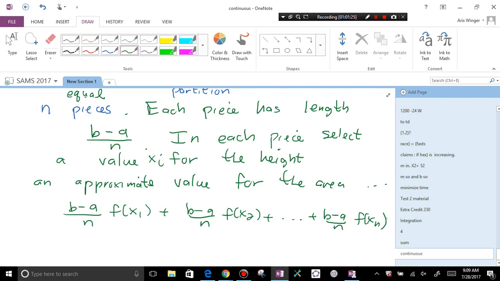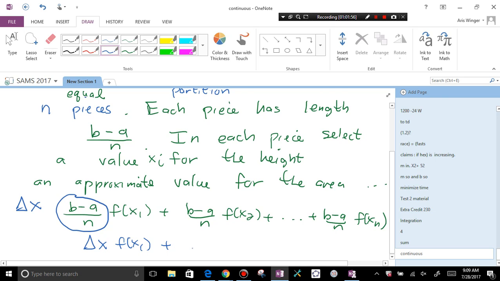This looks ugly. We're just going to use notation to clean this up. I'm going to call that delta x. So this is delta x times f of x1 plus delta x times f of x2 plus, and usually we put it second.